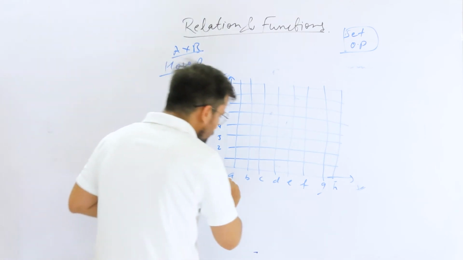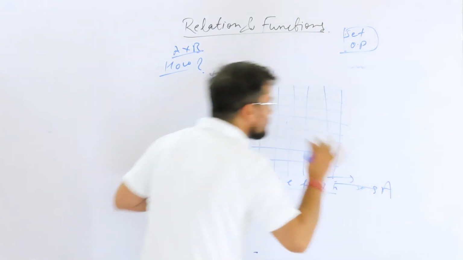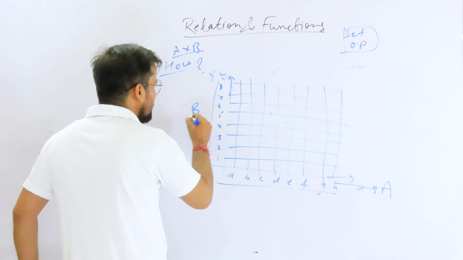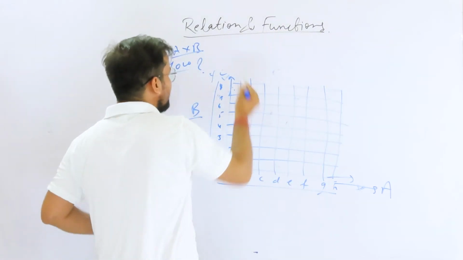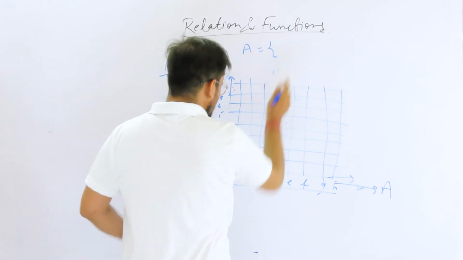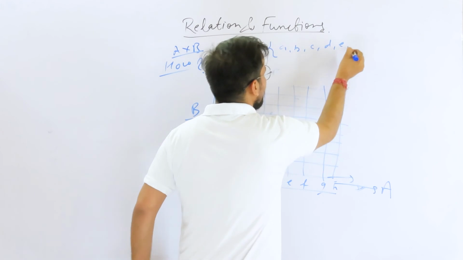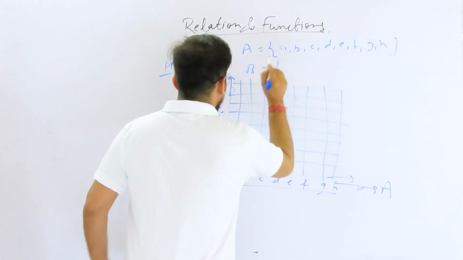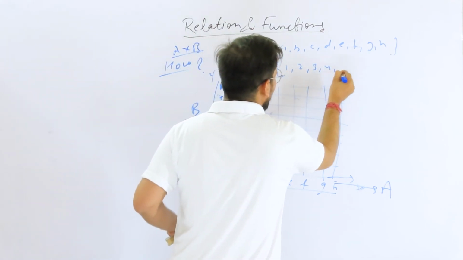So suppose this line is representing set A and this line is representing set B. So I would like to write A equals the set of these elements A, B, C, D, E, F, G, H. And what is B? 1, 2, 3, 4, 5, 6, 7, 8.